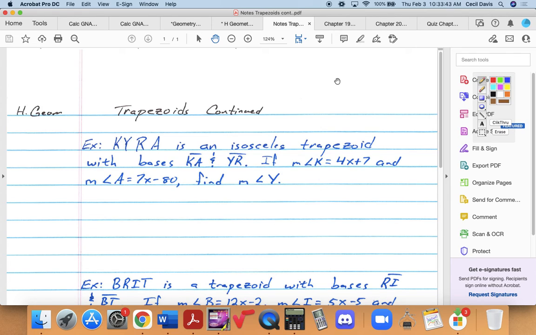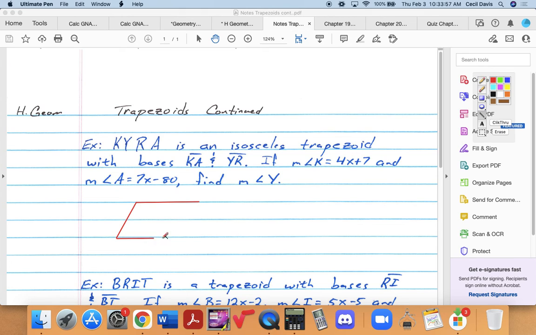All right, so it tells me we've got an isosceles trapezoid. So I'm going to start by drawing an isosceles trapezoid. Typically, this is the kind of trapezoid you saw in elementary school when you first learned about a trapezoid. Looks something like that.